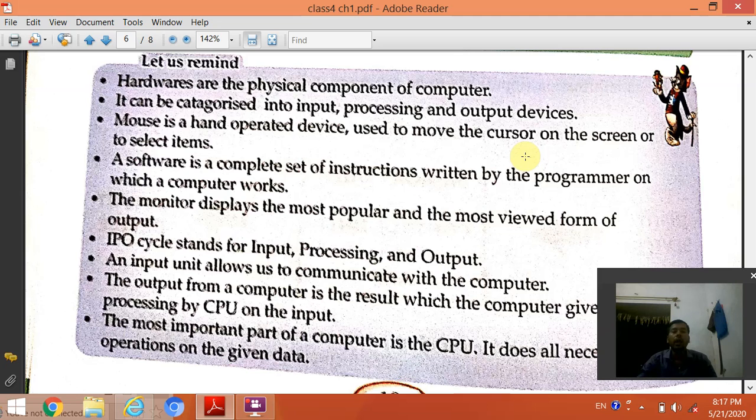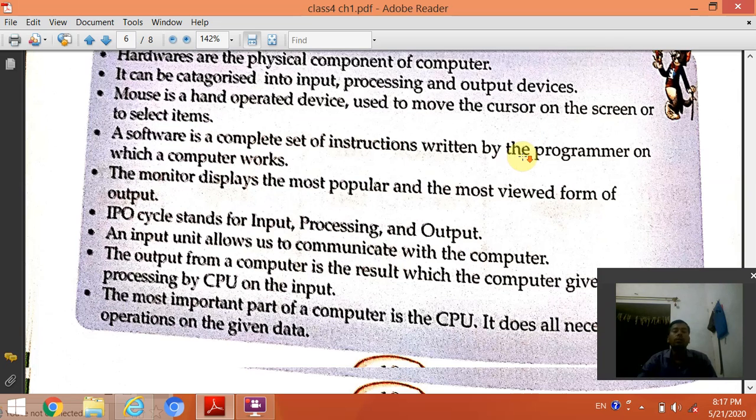Mouse is a hand operated device used to move the cursor on the screen or to select items. As you know, mouse is an input device, also called a pointing device. Using the mouse, we can move the cursor on the screen or select items or objects on the screen.